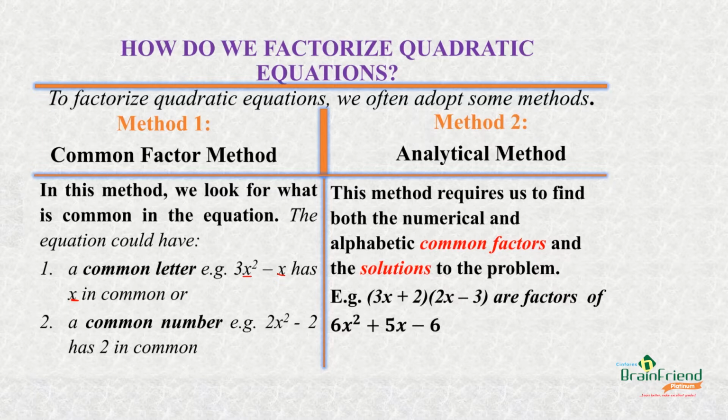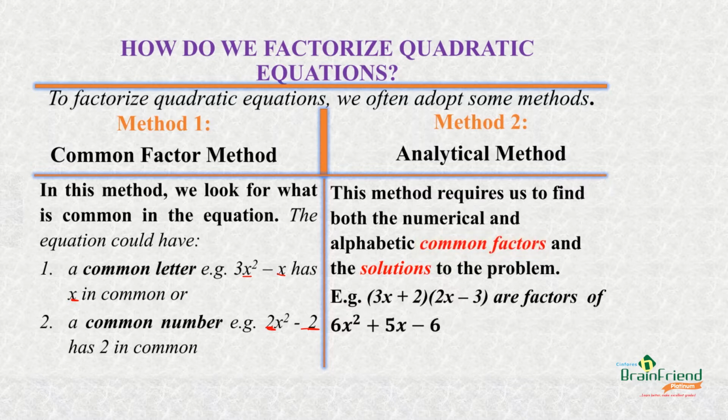For the second one, we have a common number, 2x squared minus 2. This expression has 2 on both terms. There is 2 here as a coefficient of x squared, and also there is 2 here as a constant. So it has a common factor of 2. In analytical method, we are expected to find the common factors, which could be alphabetical or numerical.